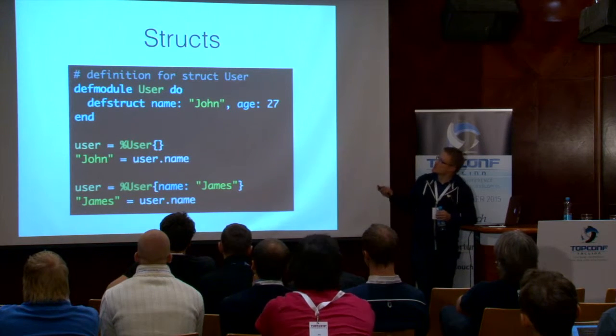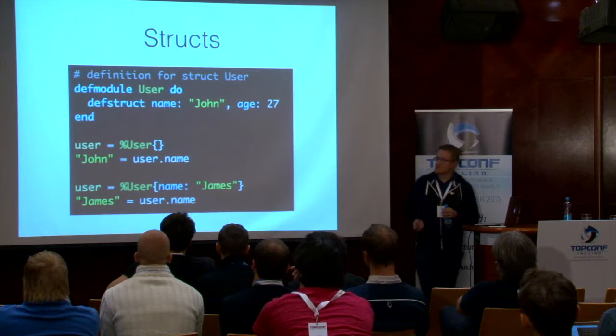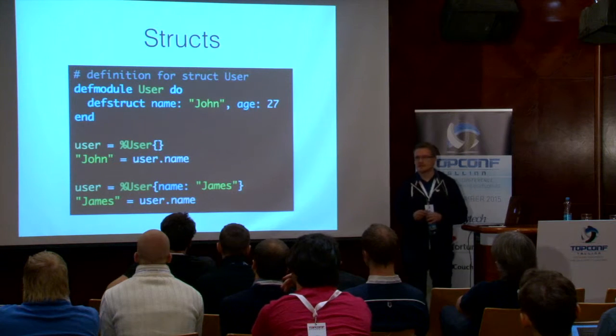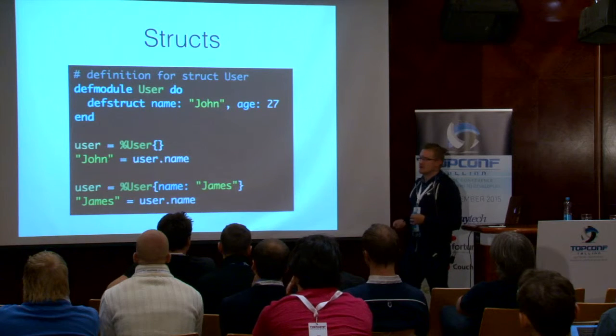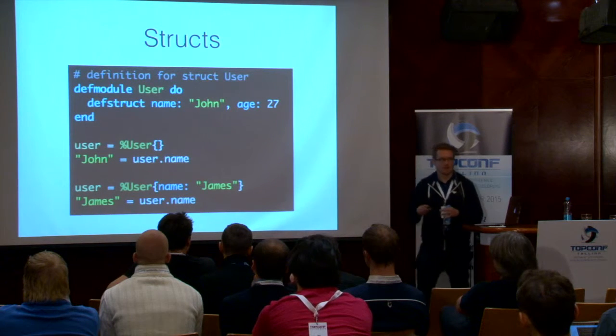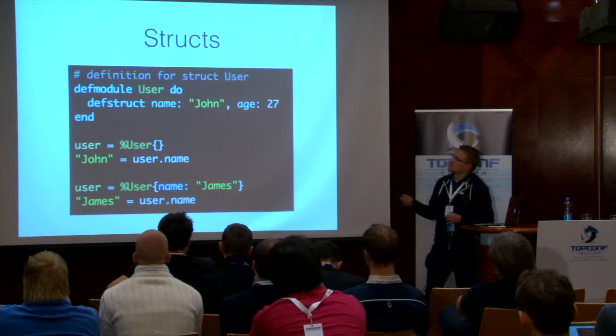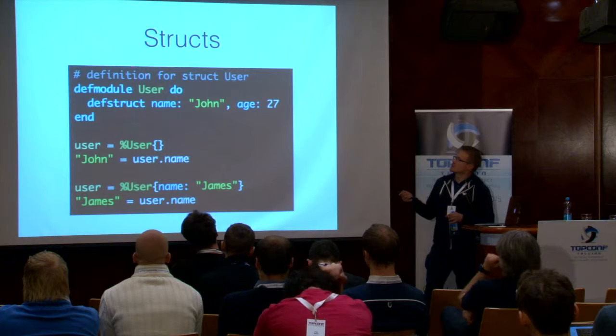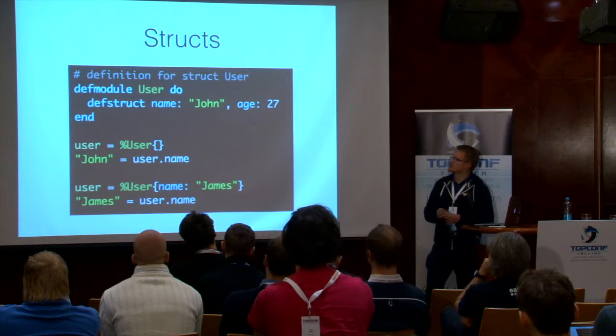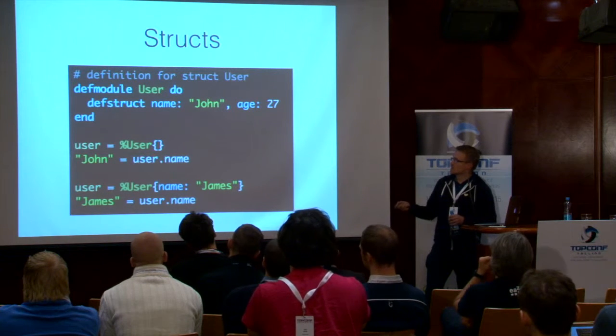In Elixir we also have structs, which kind of resemble classes, but are not really. Underneath they are just maps which are kind of tagged like this. This struct here is a user struct with default values, John, and I can use them this way.